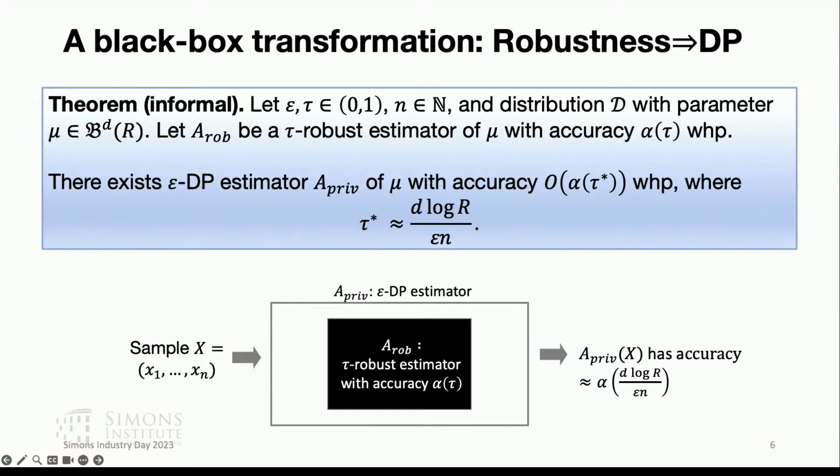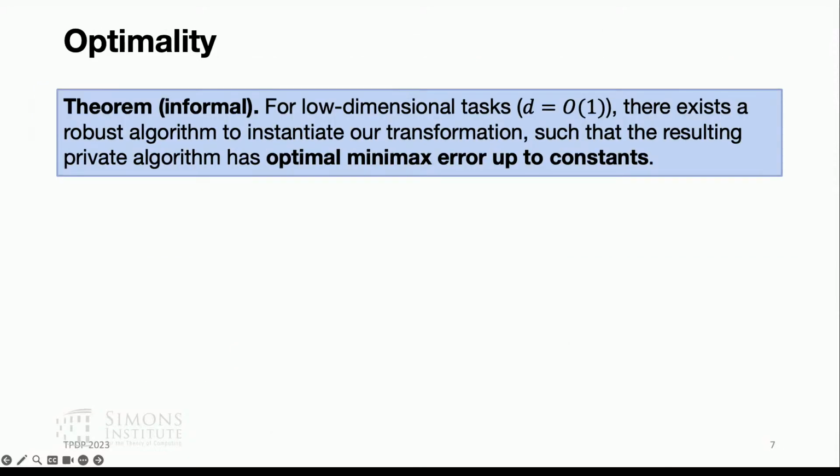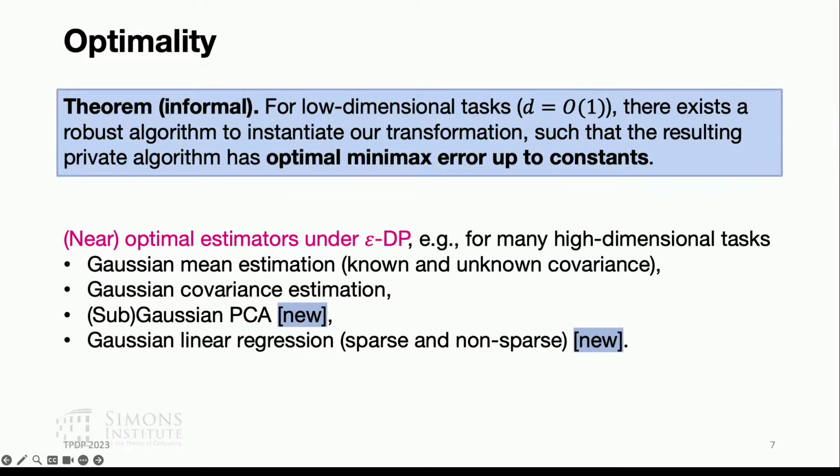And the accuracy guarantee tells us that the transformation is not lossy. In low dimensions, we can prove that the differentially private algorithms you get from this are always optimal. And in high dimensions, we can show that there are several problems for which the transformation is optimal. So it gives you an optimal differentially private algorithm if you start with an optimal robust algorithm.